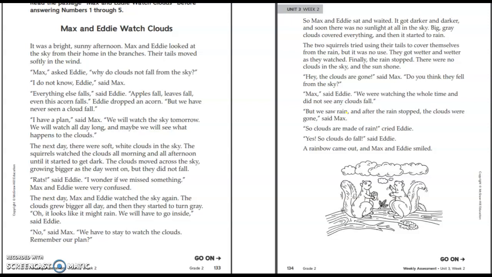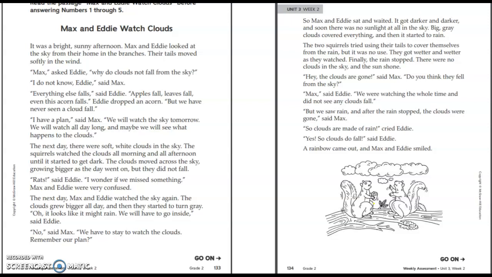"Hey, the clouds are gone," said Max. "Do you think they fell from the sky?" "Max," said Eddie, "we were watching the whole time and did not see any clouds fall. But we saw rain." "And after the rain stopped, the clouds were gone," said Max. "So clouds are made of rain," cried Eddie. "Yes, so clouds do fall," said Eddie. A rainbow came out, and Max and Eddie smiled.